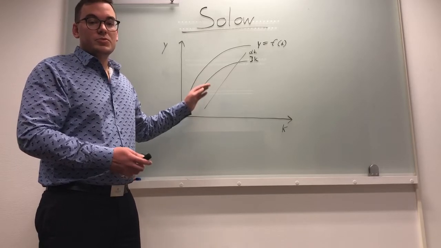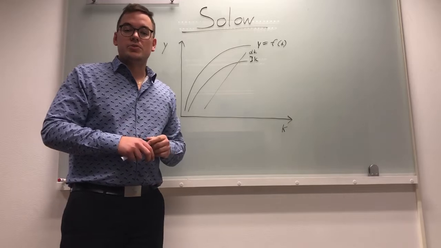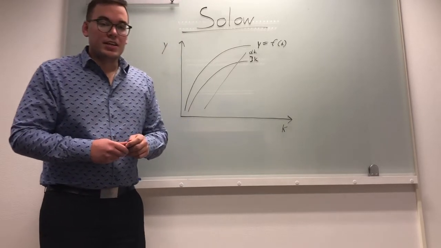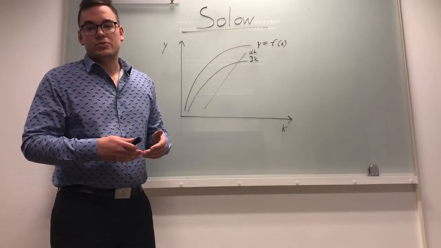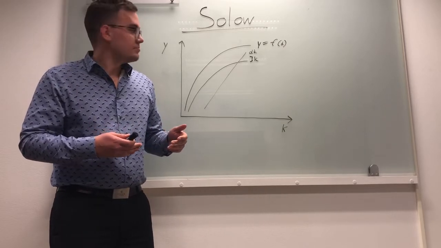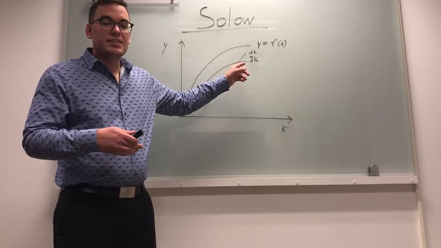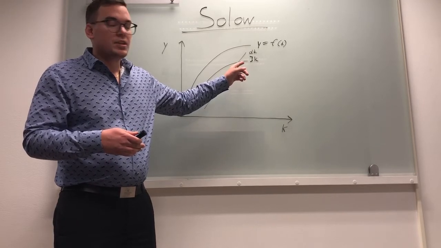And I'm just quickly going to introduce one last concept here before we finish the video off, and that is the concept of steady state. In this inflection point right here, we say that this is the steady state.